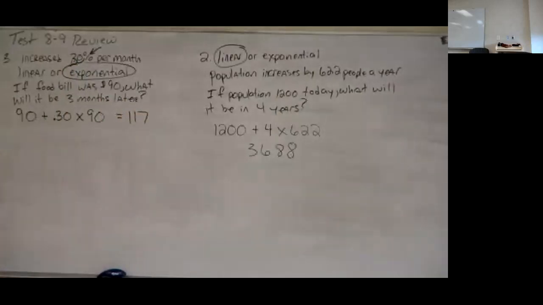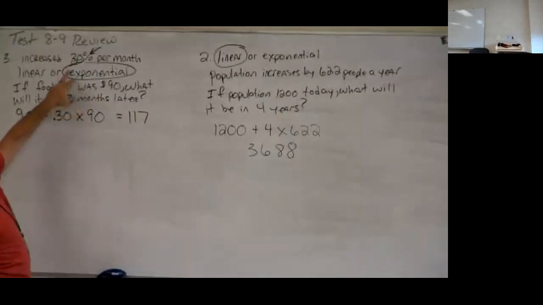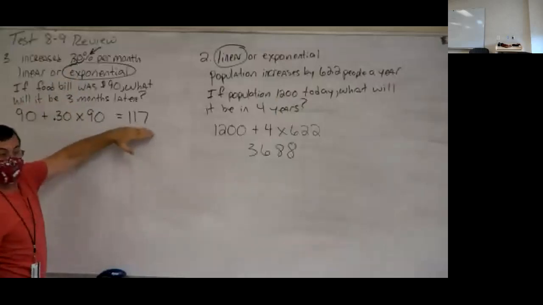I have a question. Why wouldn't you multiply it by the 3 months? Oh, because if you multiply by 3 months right off the bat, then you're only taking 30% of that same amount. Look at this, after 1 month, when I increase it by 30%, my total is now 117.